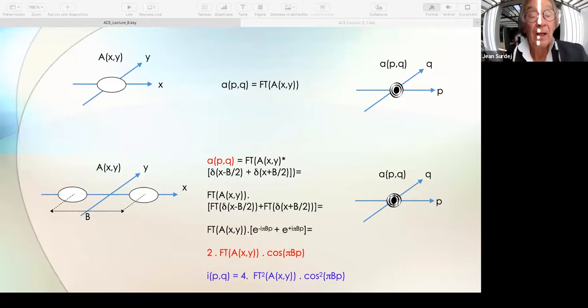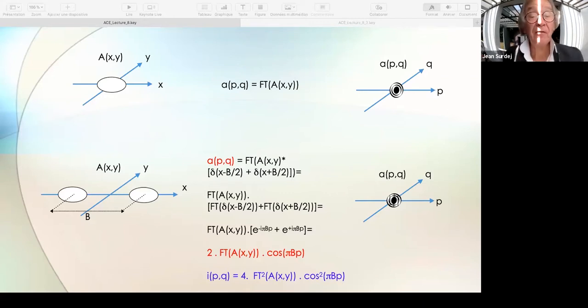Now, if you take two apertures, two circular apertures, like in the lower row of images, we say, okay, we have now to take the Fourier transform of this double distribution of complex amplitude in the two individual apertures. But this, as Professor Desch showed us during his previous lectures, is just a convolution product of the distribution of complex amplitude in the original aperture by two Dirac functions.